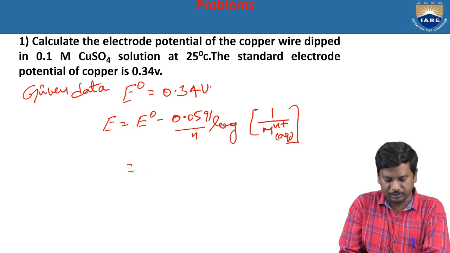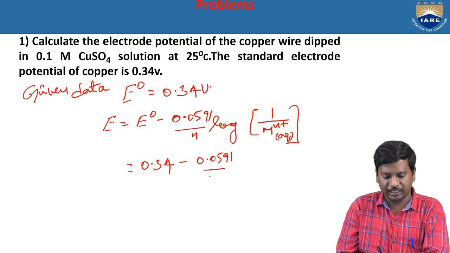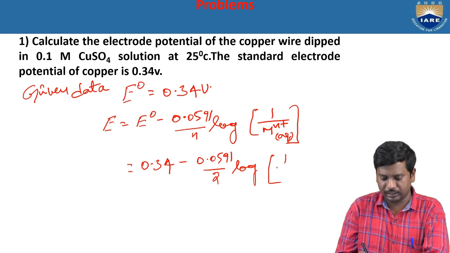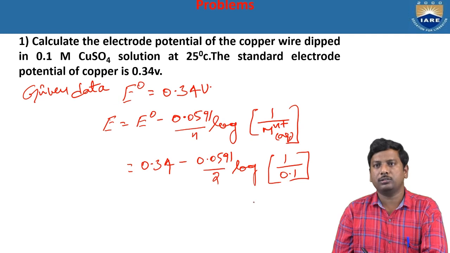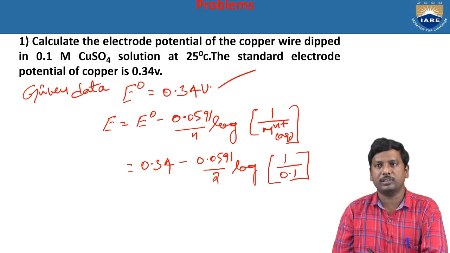Now substitute the values: 0.34 volts minus 0.0591 by n. n is equal to how many? 2 electrons. And log of the concentration of M n plus. What is the concentration given? 0.1. In copper, how many electrons are involved in the reaction?